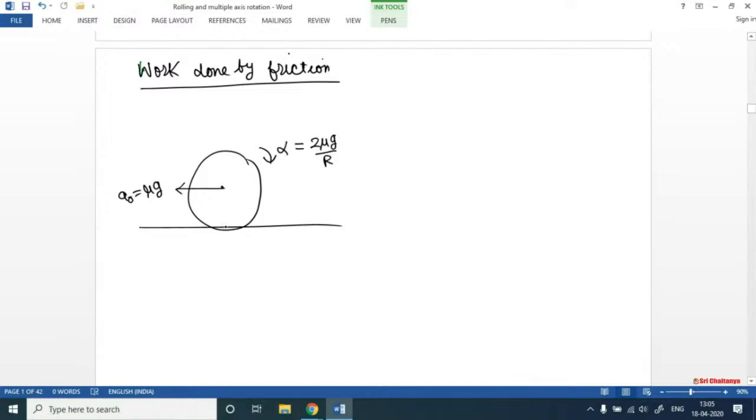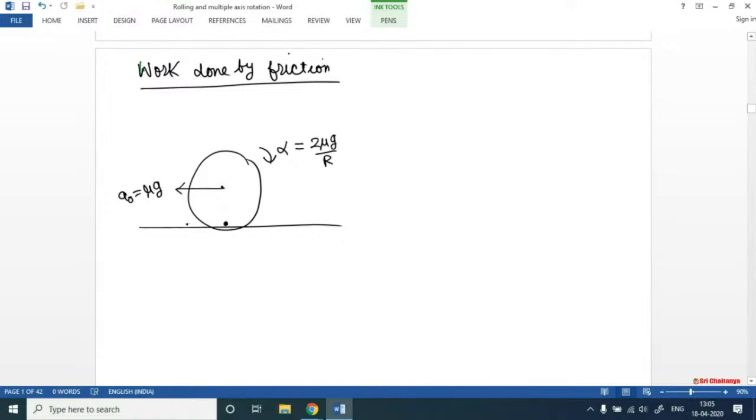Now this is the point of contact, which was slipping in the forward direction. So what would be the acceleration of this point? We have already learned the acceleration of this point.